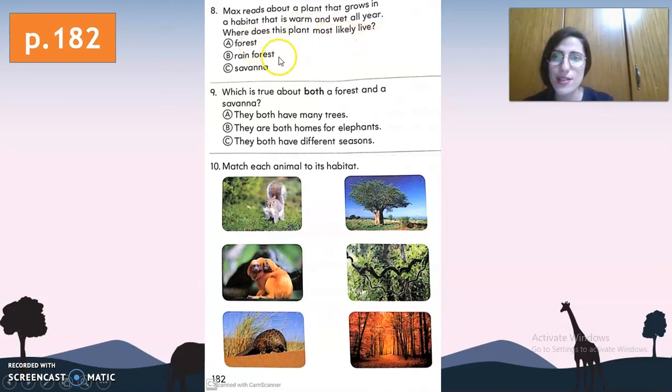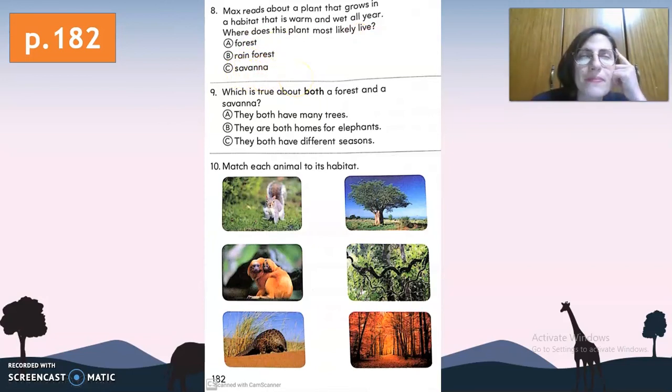A, forest. B, rainforest. C, savanna. So when they say warm and wet, which of these 3 land habitats is warm and wet all year long? Let's check and see, what do you guys think? It is the rainforest, correct, because it is warm and wet all year long.